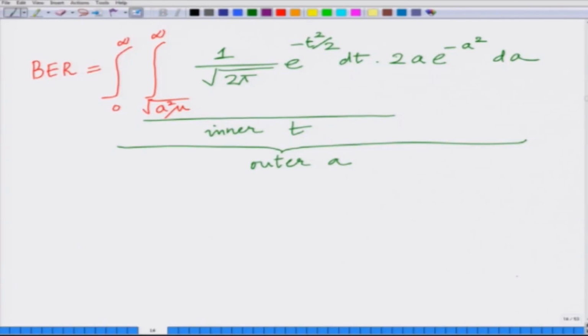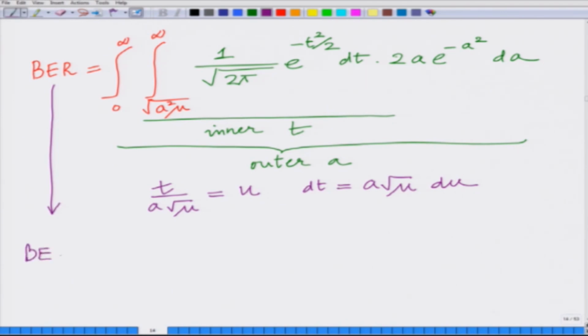Now, I am going to use the substitution t divided by A square root of mu equals u, which also gives me dt equals A square root of mu times du.